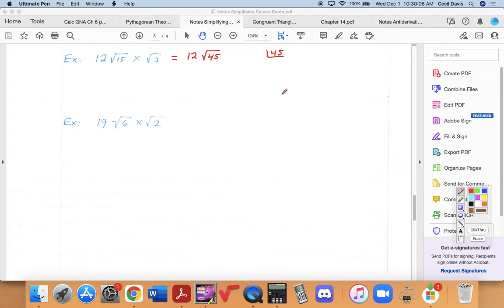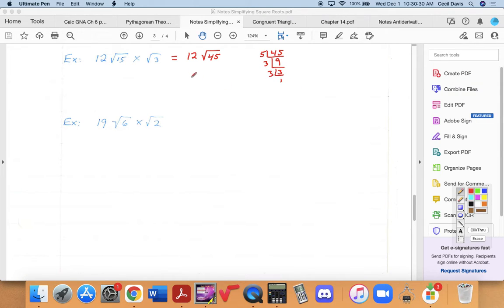What is a prime number that divides evenly into 45? 5. 5 goes into 45 9 times. I thought someone said 4. You said 4. I said 3. And then what prime number divides evenly into 9? 3.